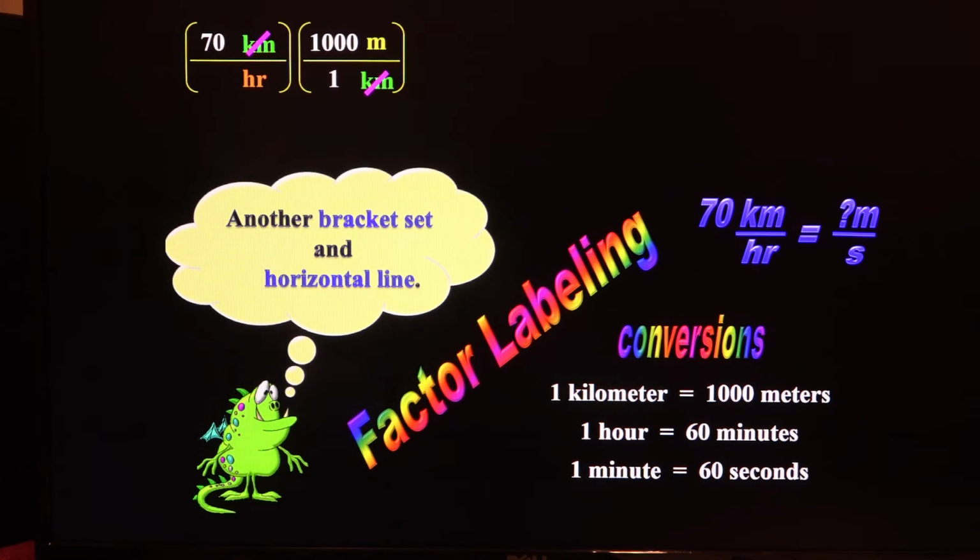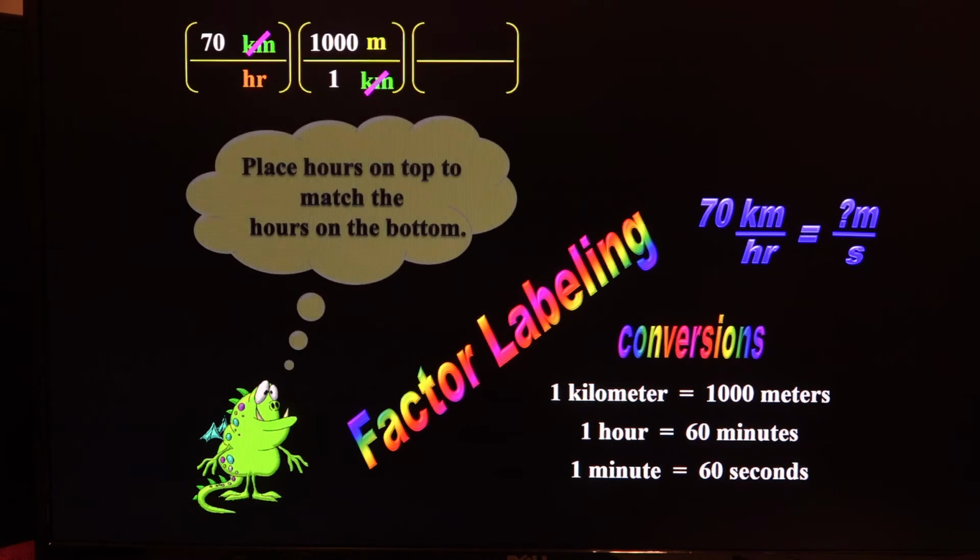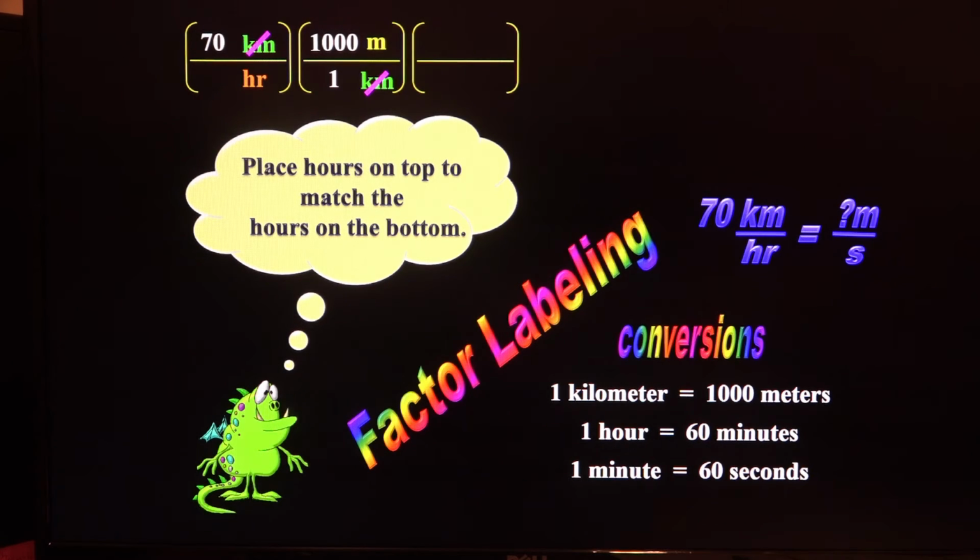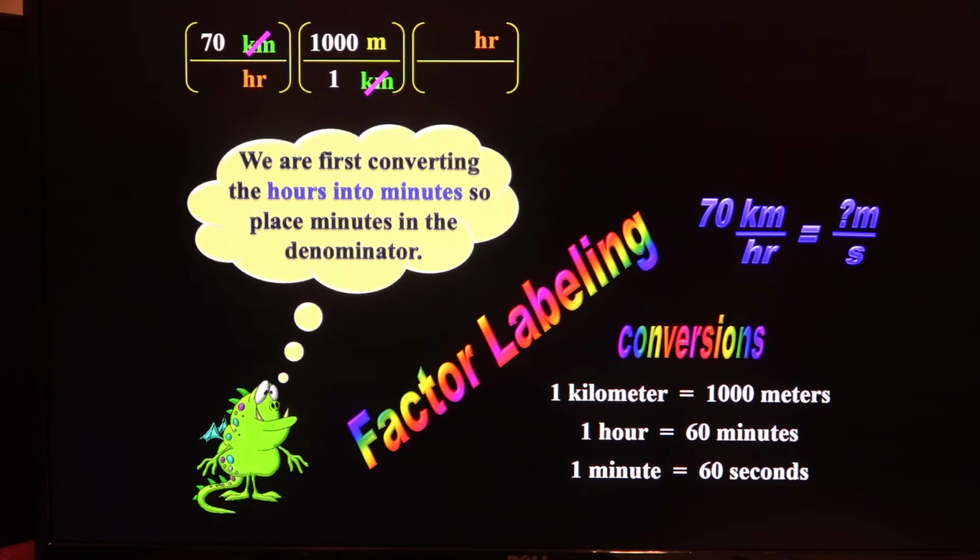Another set of brackets and horizontal line. Place hours on top to match the hours on the bottom. We are first converting hours into minutes, so place minutes in the denominator.